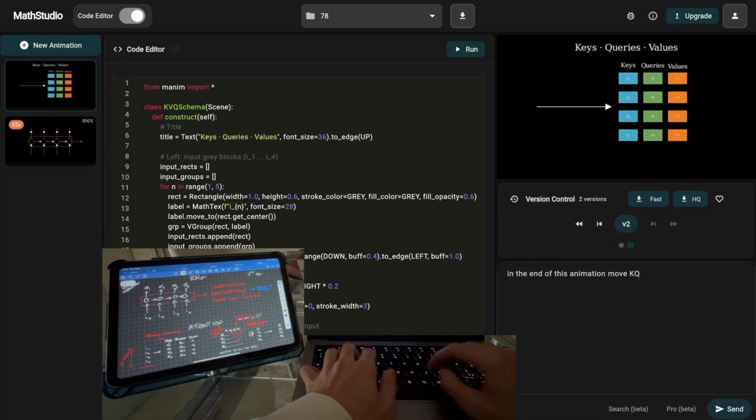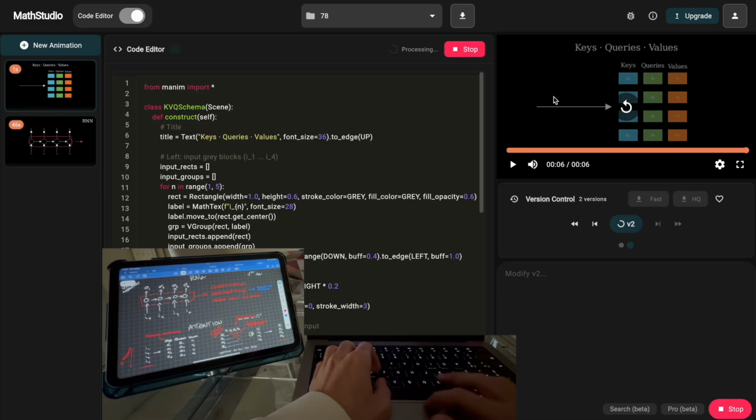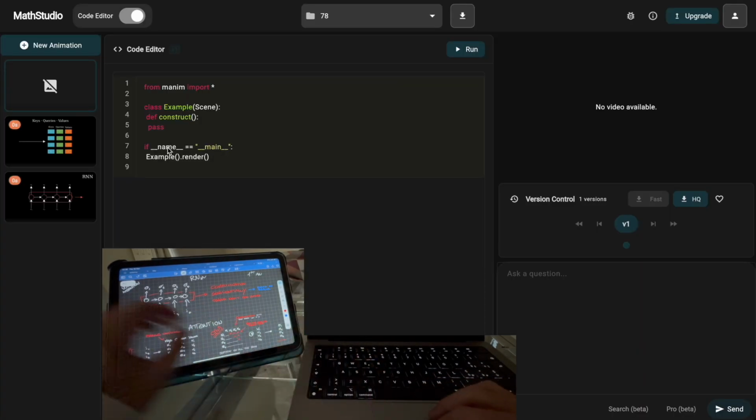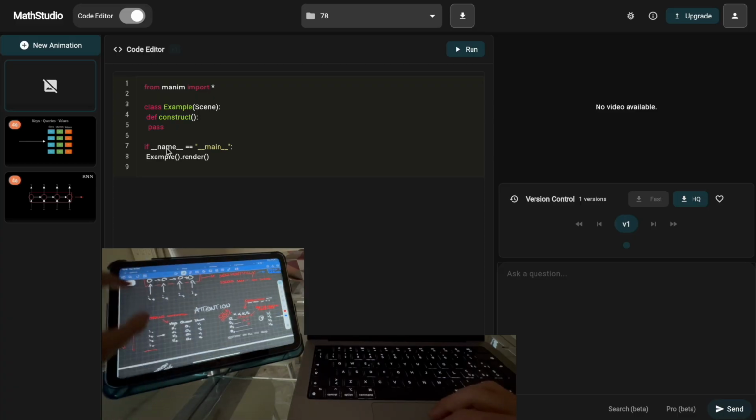Move this query value table to the left. Well, first remove the arrow and move this table to the left, so that we can then move queries on top, values to the right, do the whole attention matrix thing, which is fine, which is what we want.